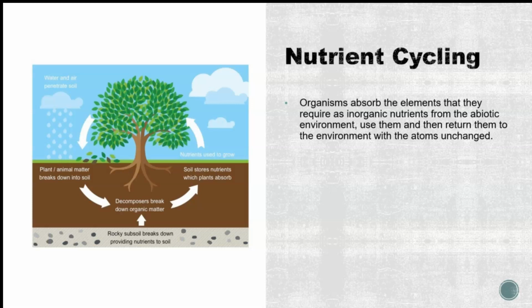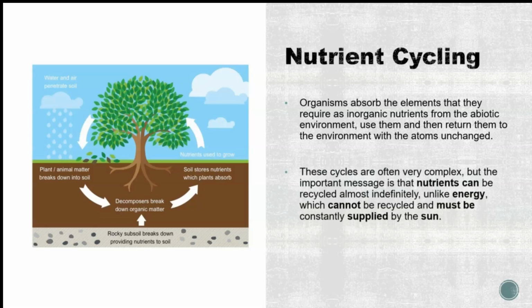They use them and then they return them to the environment with atoms unchanged. So the actual initial atoms of each element, they don't change. These cycles are often very complex, but the important message is that nutrients can be recycled almost indefinitely, unlike energy, which is not recycled and must be constantly supplied to Earth by the sun.